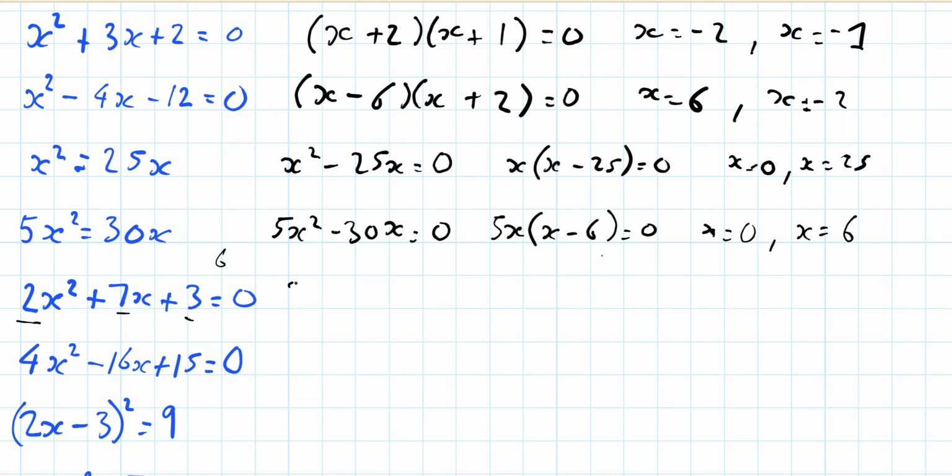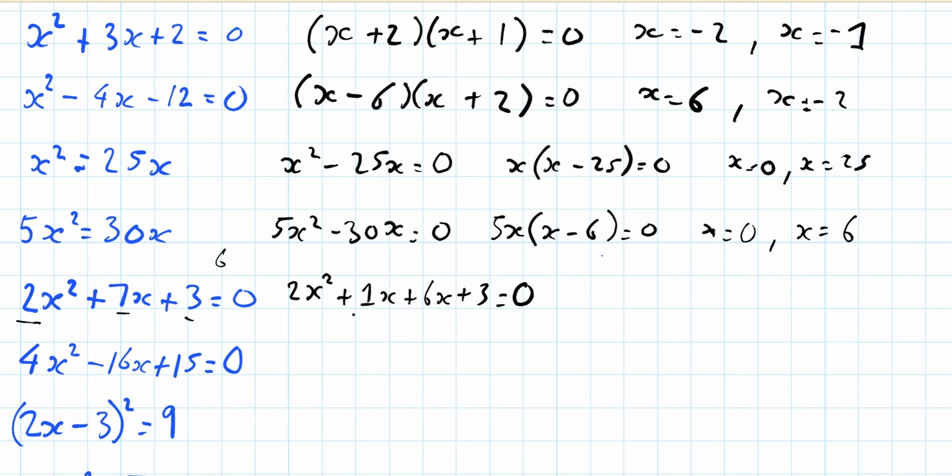So I'm going to rewrite this, I'm going to split up the 7x: 2x squared, my two numbers are going to be 6 and 1, plus 1x, plus 6x, plus 3. Now the reason I put it in this order is because I could see I could factorize the 6 and the 3. Equals 0.